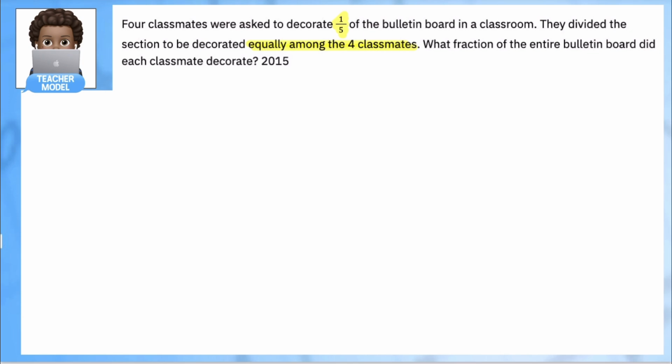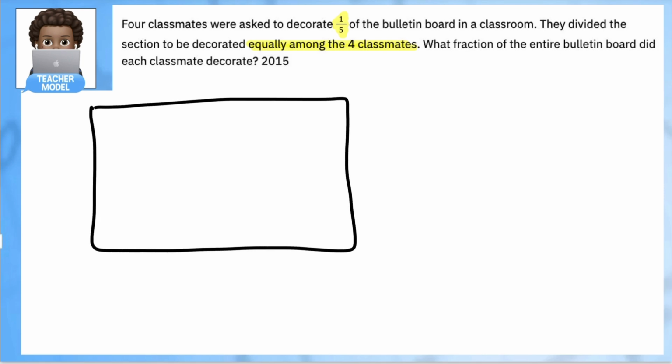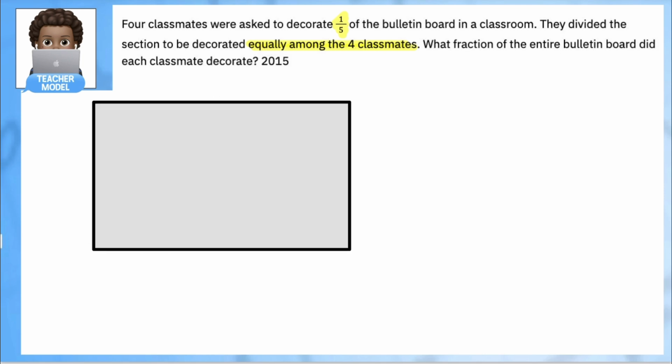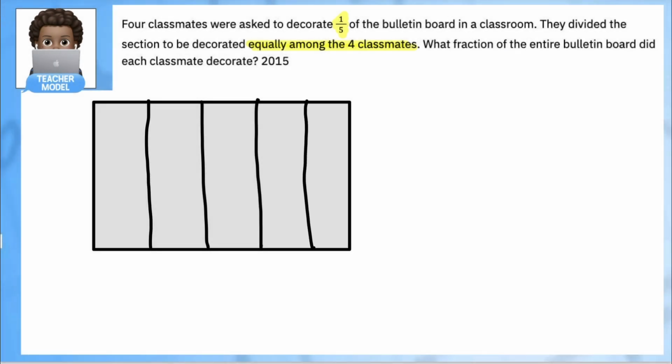So again, let's think about our visual. So here's a bulletin board. And they needed to decorate 1/5 of the board. So automatically I'm breaking this up into 5. Let's make this bigger, because I have a feeling we're going to need a bigger board. And I'm going to split it into fifths. So I want this 1/5 right here, and I'm going to split it into 4 pieces.